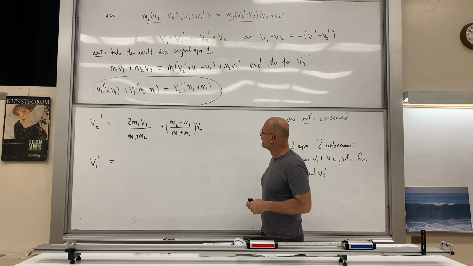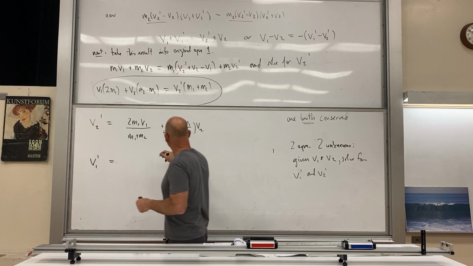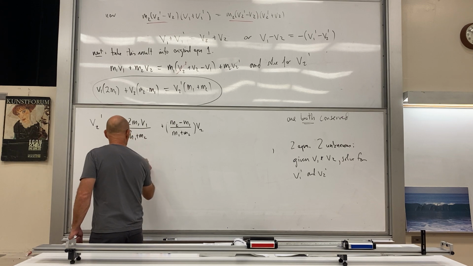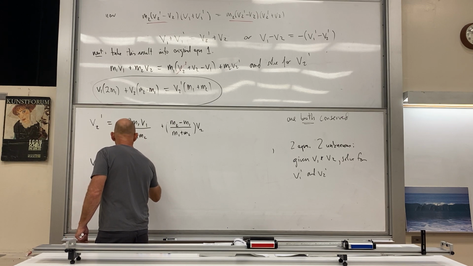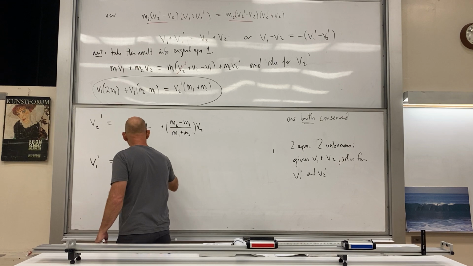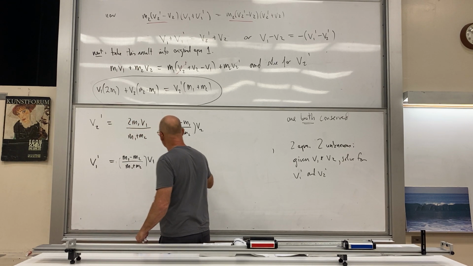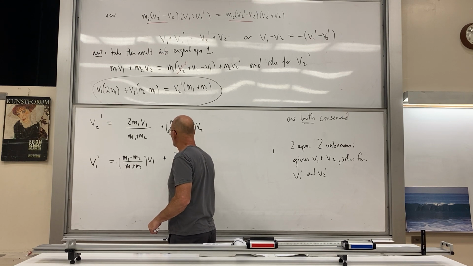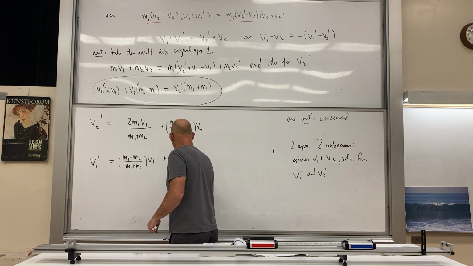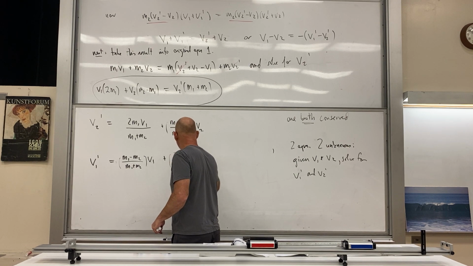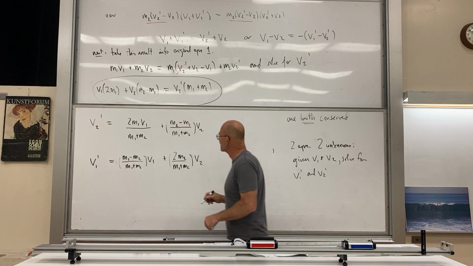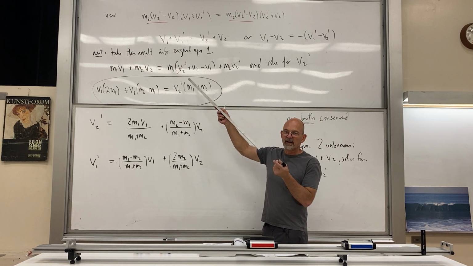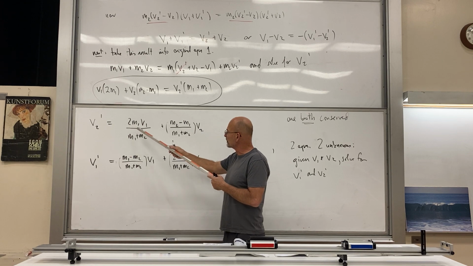So if we switch all the ones and twos, we will have M1 minus M2 over M1 plus M2 times V1 plus 2M2 over M1 plus M2 times V2. So this calculation knew nothing about 1 and 2, right? Therefore, we could just switch those once we found one of them.